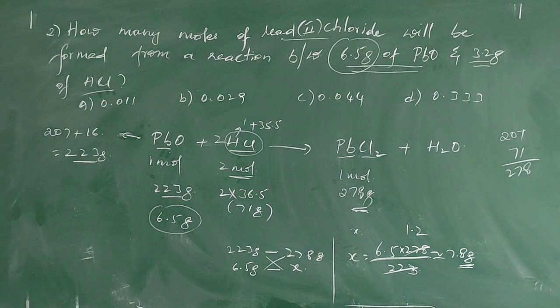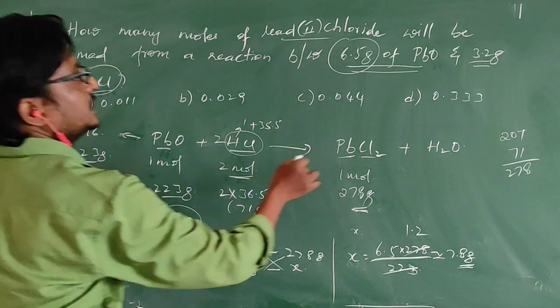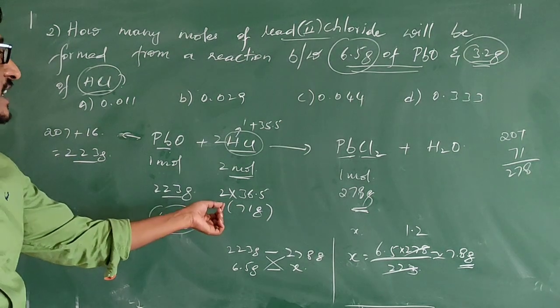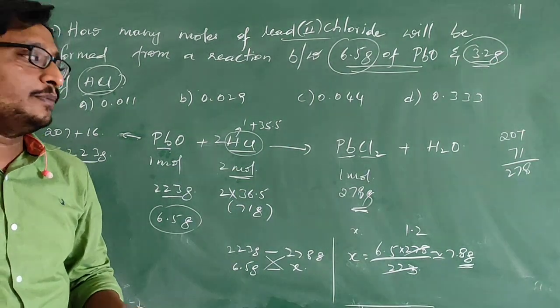Followed what I said? Now what is the amount of HCl given to us? 3.2 grams. Let us see from 3.2 gram of HCl how much amount of lead chloride can get produced.